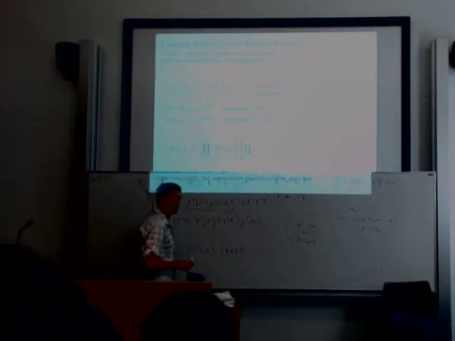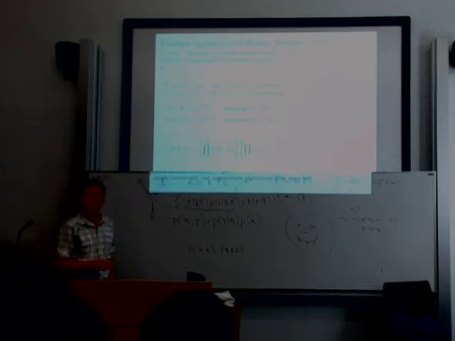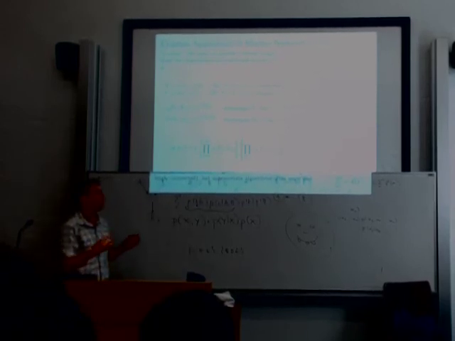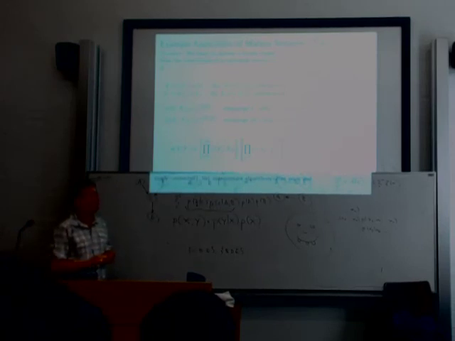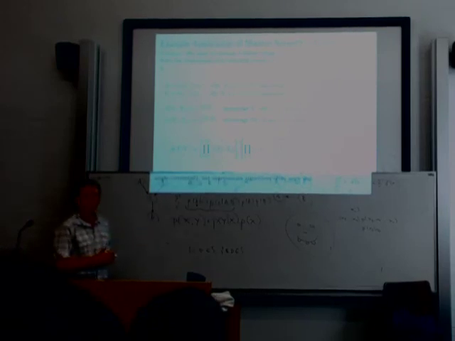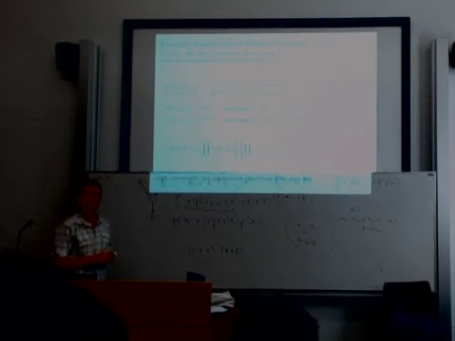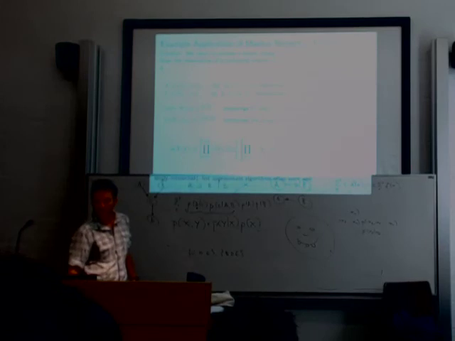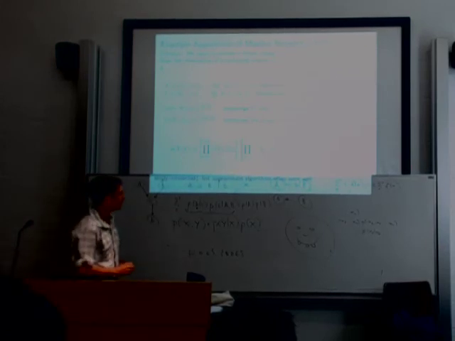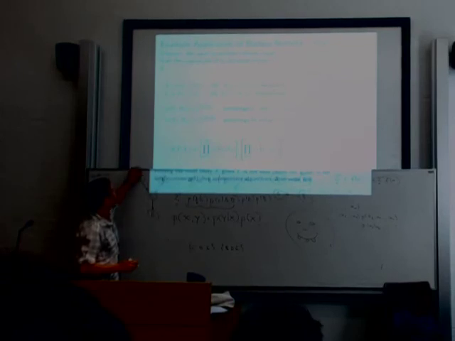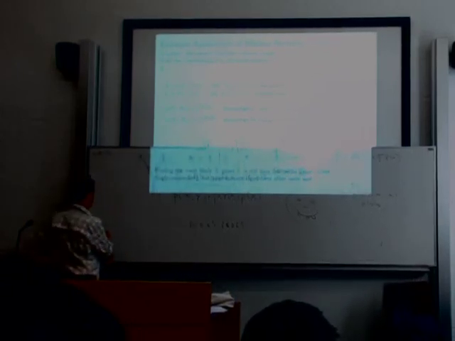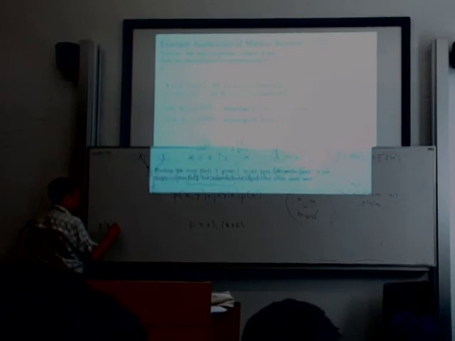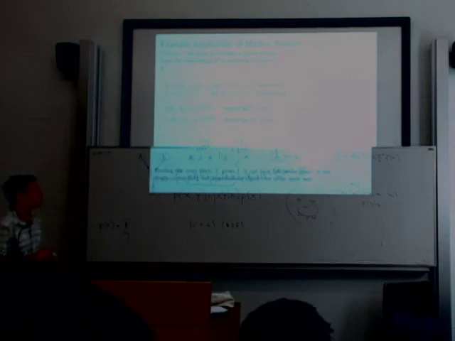But I need a prior then on clean images. So how do I specify a distribution over clean images, just under the general idea that pixels in the same neighboring state are more likely than others? What I could do is specify P of X like this, which would be proportional to a product over all links, all neighbors i and j.